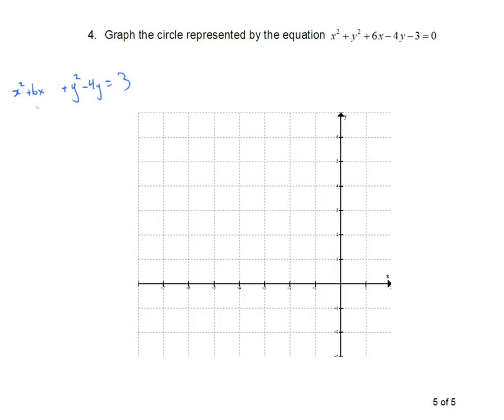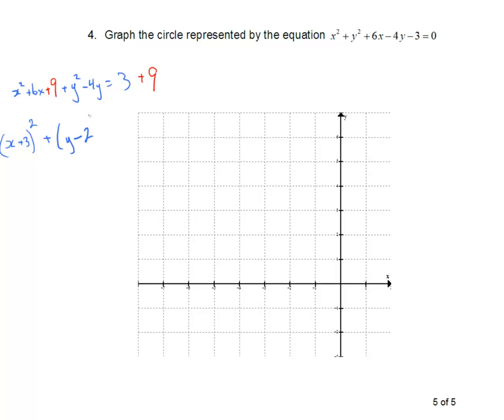So you should remember how to do this. Half of this term, or the b term, so here is 6, squared. So it's going to be x, half of that is plus 3, squared is 9, so we're going to have to add 9 here, which also means add 9 over here. And that's how we complete the x part. The y part, well, it's going to be y, in this case, minus 2.